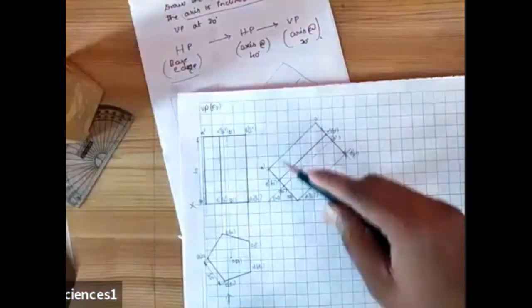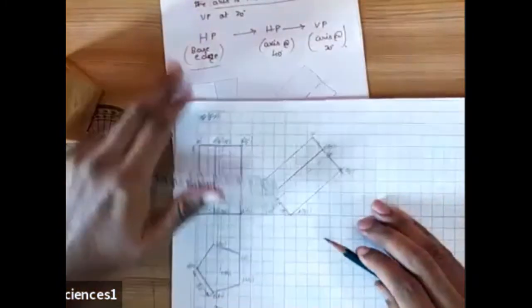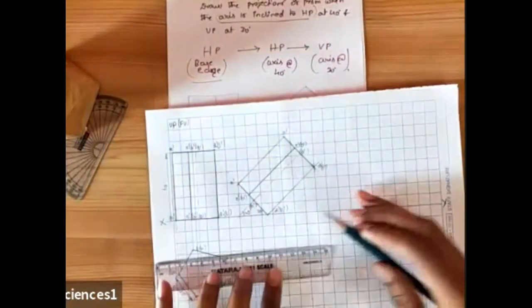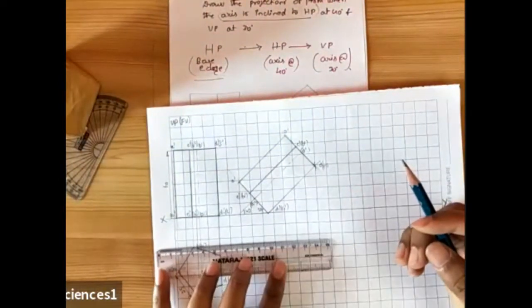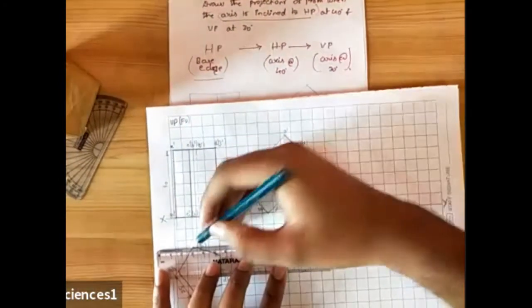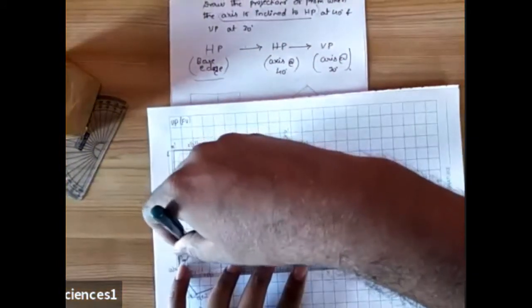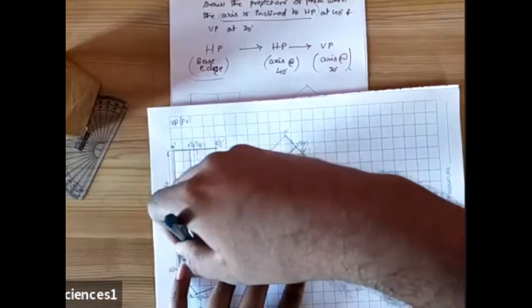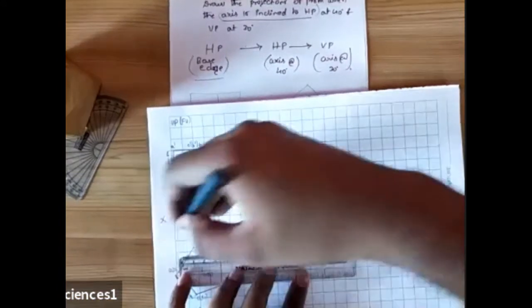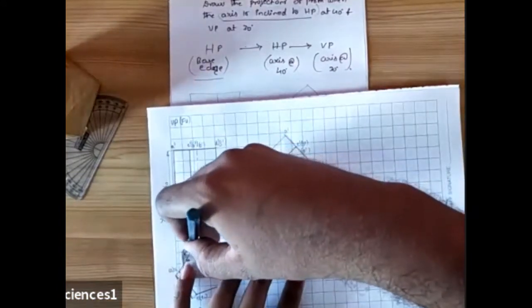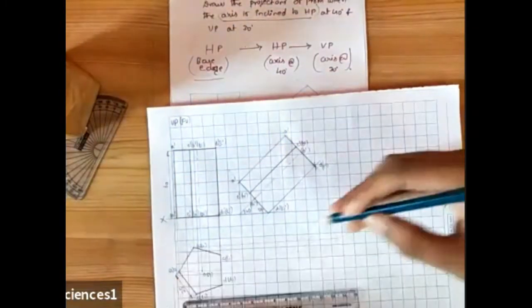Now, don't extend all the lines. First, start from the top view and project these lines. You start drawing the parallel lines from all the 5 corners. Draw a thin line.